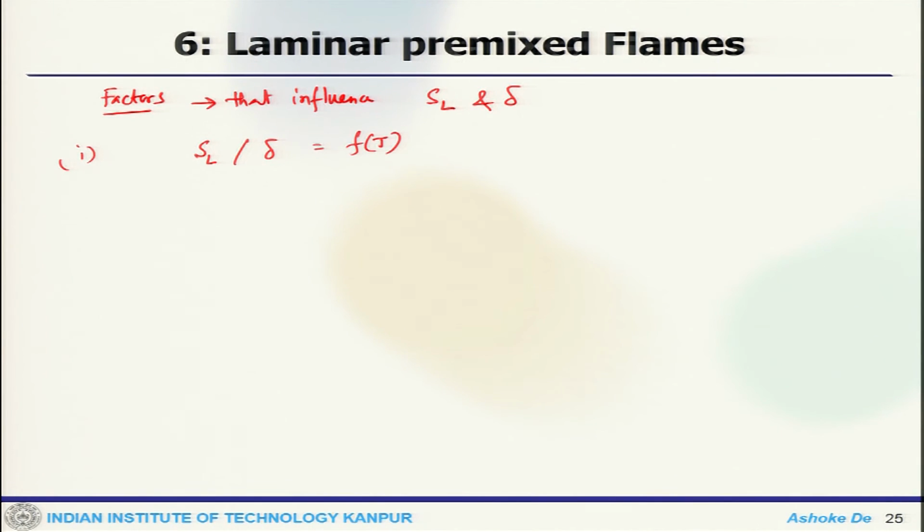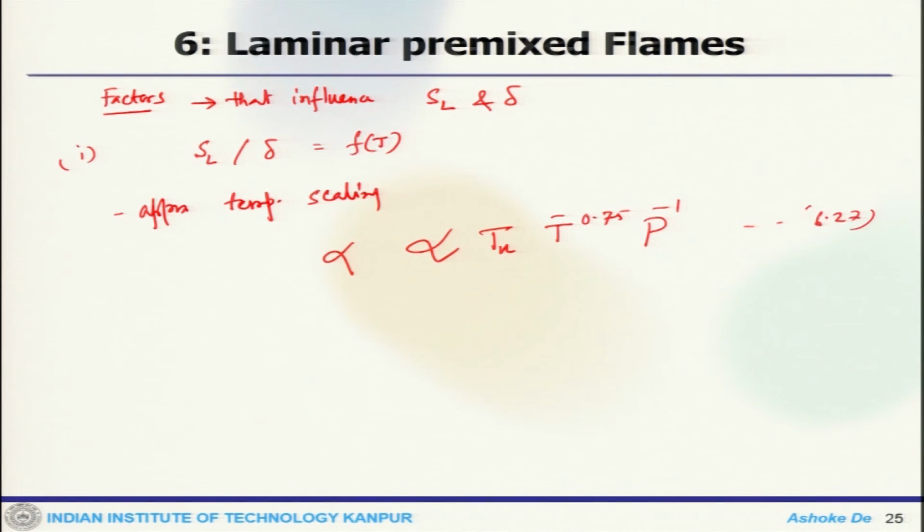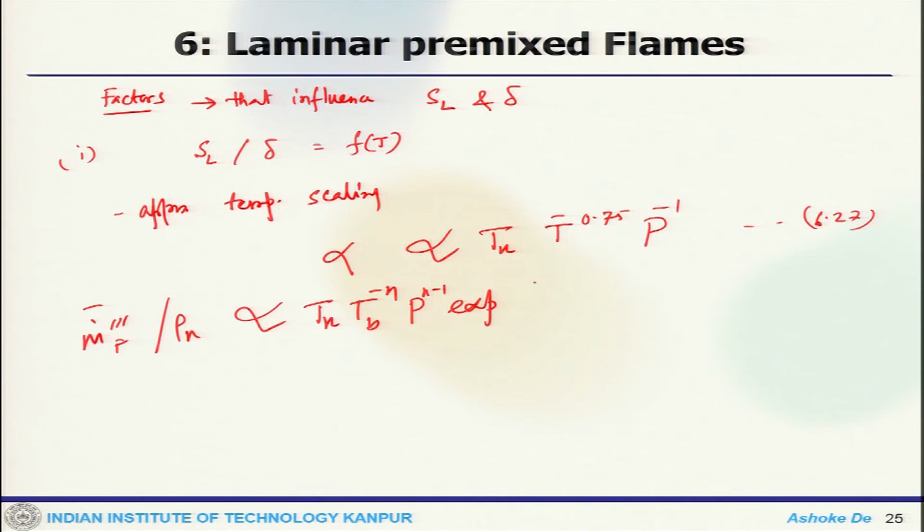Now, we first consider some approximate temperature scaling, which gives that alpha is proportional to T unburned to the power 0.75, pressure to the power 1, and reaction rate would be proportional to T unburned to the power n, p to the power n minus 1, exponential of minus A by Ru Tb.